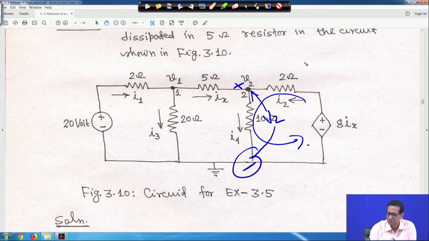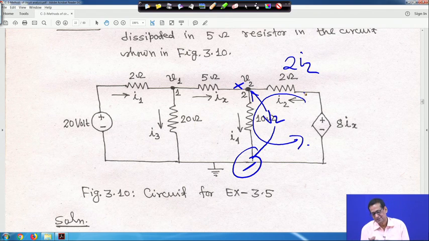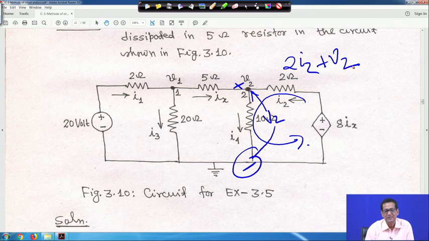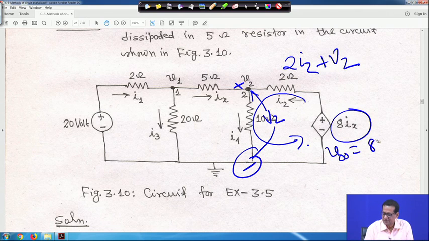So it will be 2 into I2. Otherwise, if you take clockwise, the sign has to be changed, that is all. 2 into I2 plus V2, because it encounters the plus terminal first. Then it encounters the minus terminal first on the dependent voltage source, so if we call it V0, equal to 8 Ix.